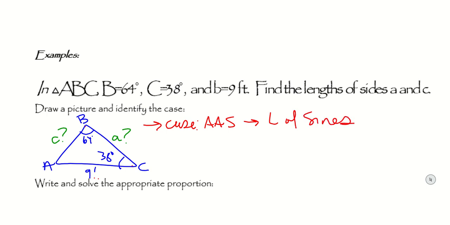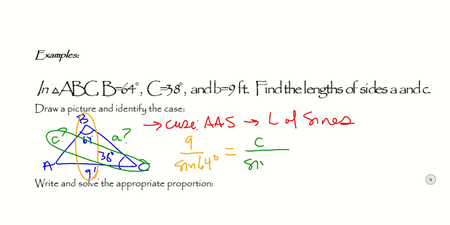For me to use my law of sines, I'm going to start with a ratio that involves the two opposite parts that I know. So I'm going to say 9 over the sine of my angle, 64 degrees. And I'm going to set that equal to, and I want to start with the angle I know, which in this case is C. And I'm going to write the ratio that is its opposite side, which is C, which I'm trying to find, over the sine of 38 degrees.